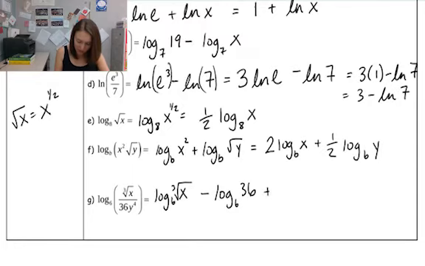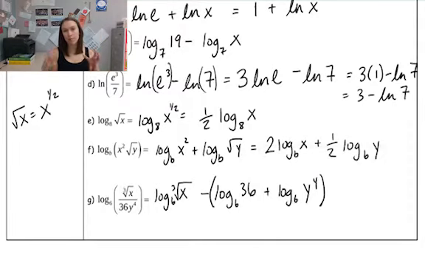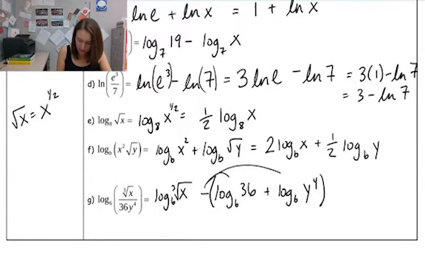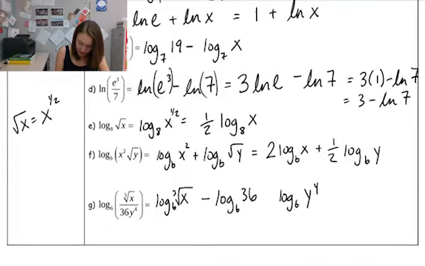So if I add the log base 6 of y to the 4th, I need to group these together because they're both in the denominator. I'm subtracting the whole thing because they're both in the denominator. That negative gets factored in, and both of those terms become negative. So I'm going to change this to a negative.